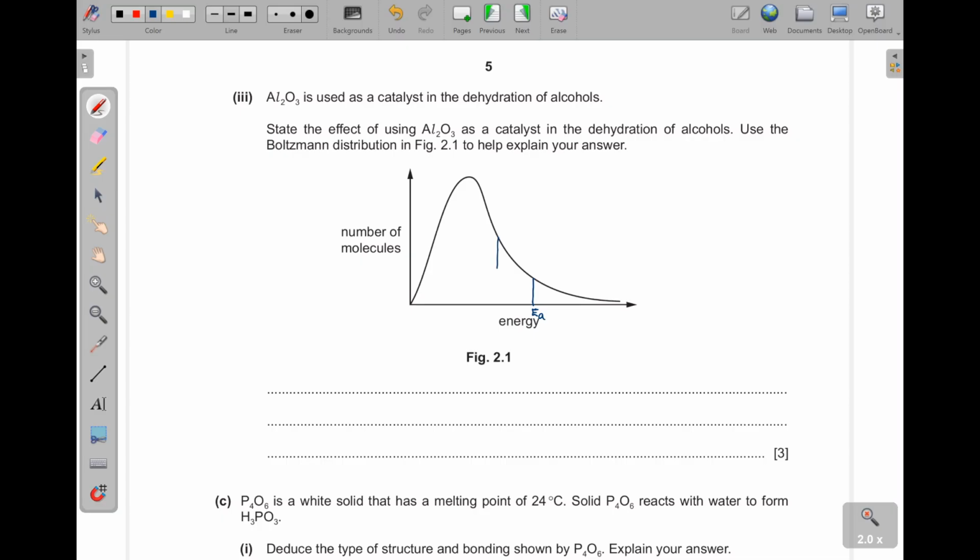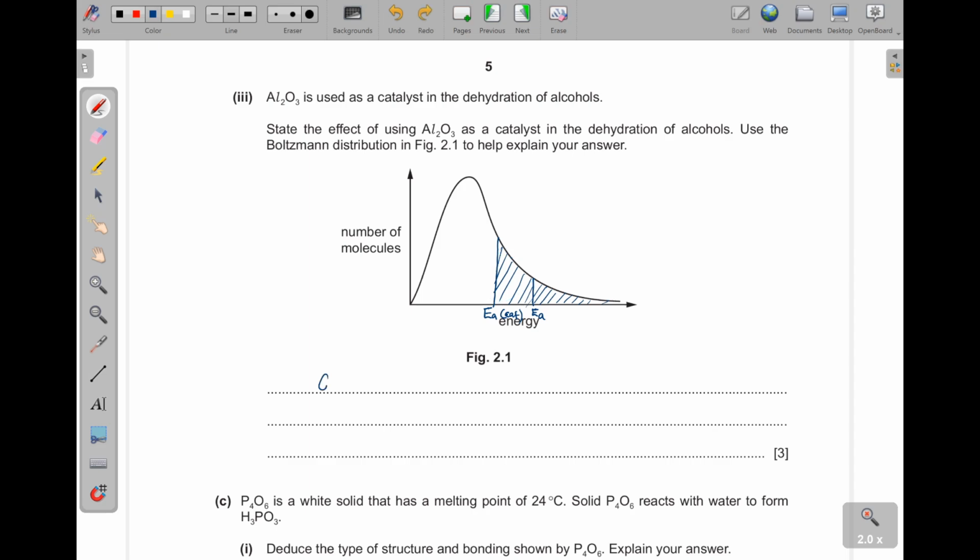So we shall have here, this will be the activation energy for the catalyst. So we put EA cat. Meaning you can see that there is now a greater proportion of molecules. Here the molecules are very few. But now look at the greater proportion here when the catalyst is there.